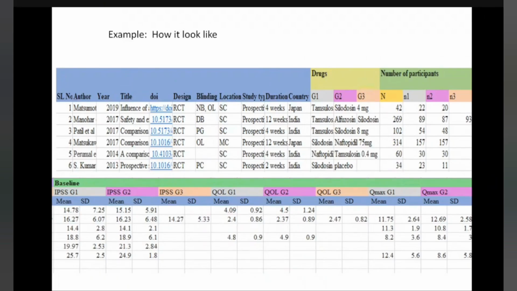These things must be documented, and journals like JAMA and Lancet usually ask for this well documented systematic extraction sheet as a supplementary file. So you have to maintain these things.